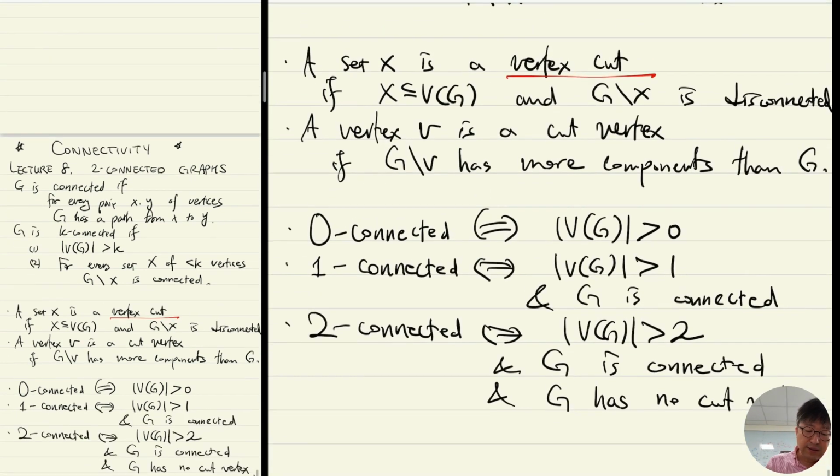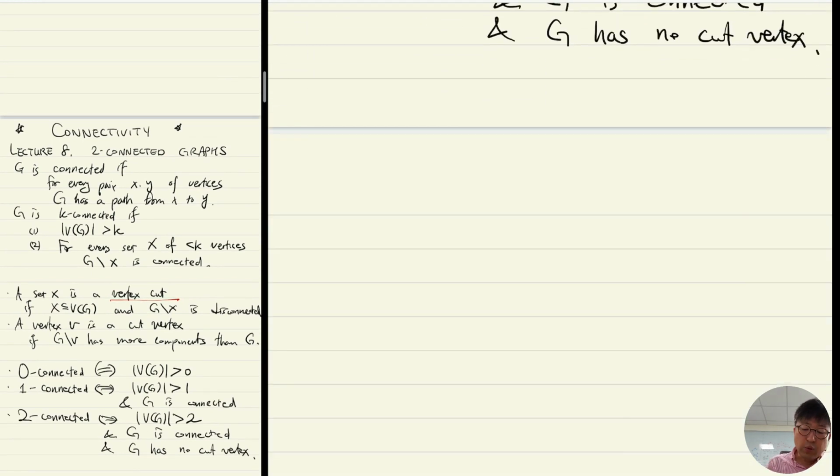Now there is another way of deleting something, and that's edge connectedness. So G is k-edge-connected. For this we talk about graphs with at least 2 vertices.